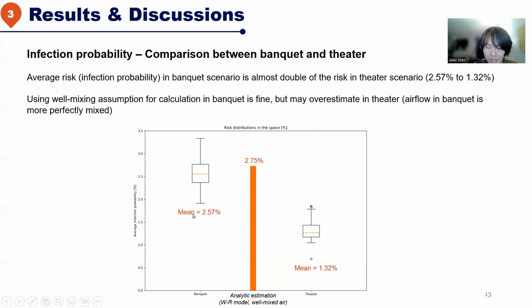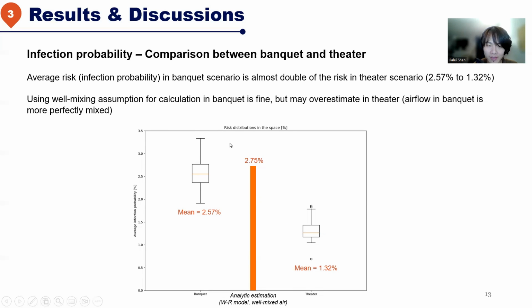The mean value for banquet is around 2.57%, and in the theater the mean value is around 1.3%, which means the average infection risk in banquet is almost double the risk in the theater scenario. This is very interesting because these two scenarios have exactly the same room layout, occupant number and ventilation settings. The only difference is how these occupants are located in the space.